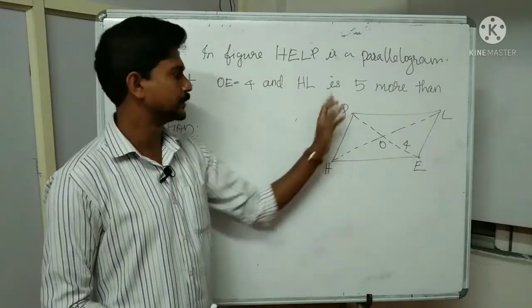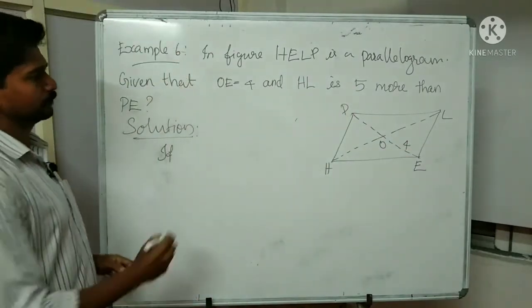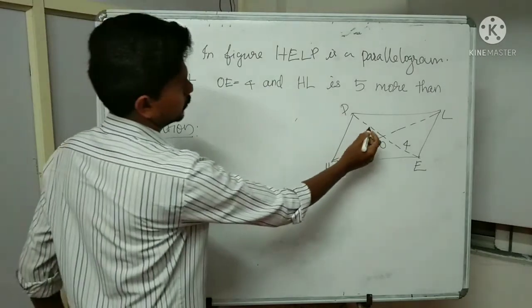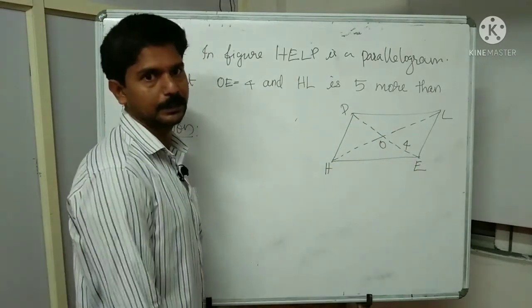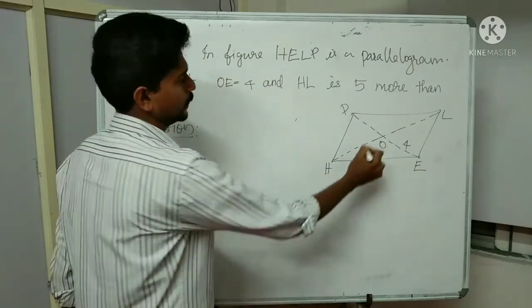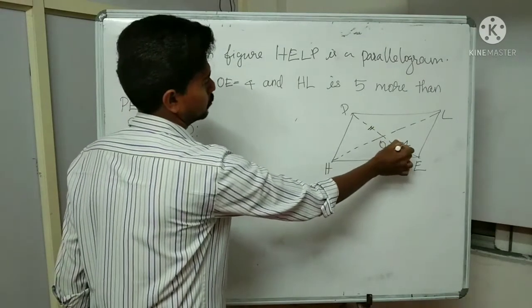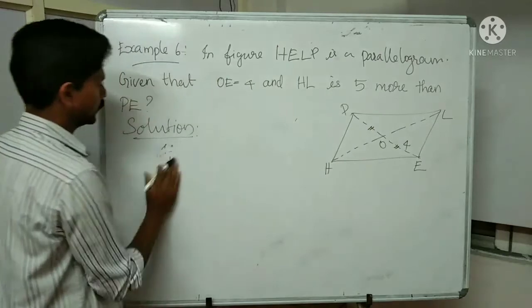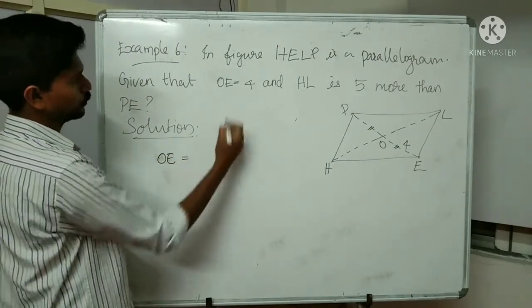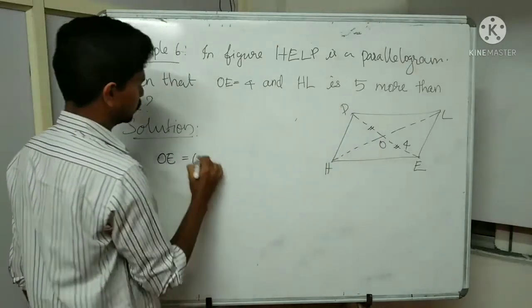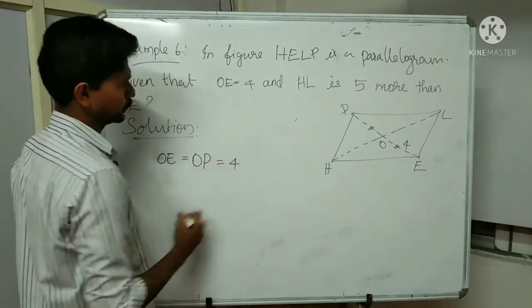So we know that the diagonals of a parallelogram bisect each other. So these two lengths are equal. So the OE length is equal to 4, and OE is also equal to OP, which is equal to 4.